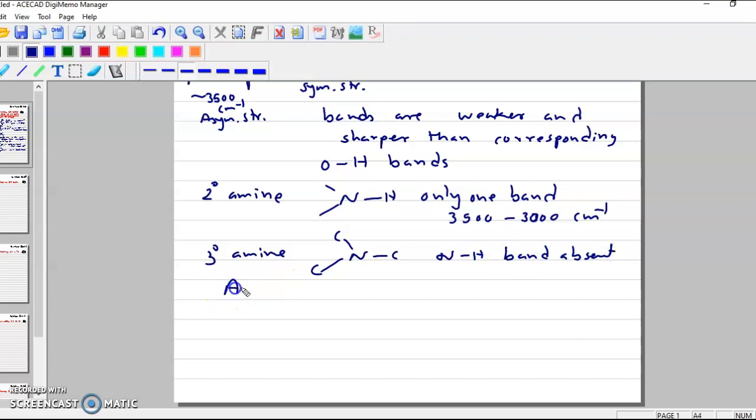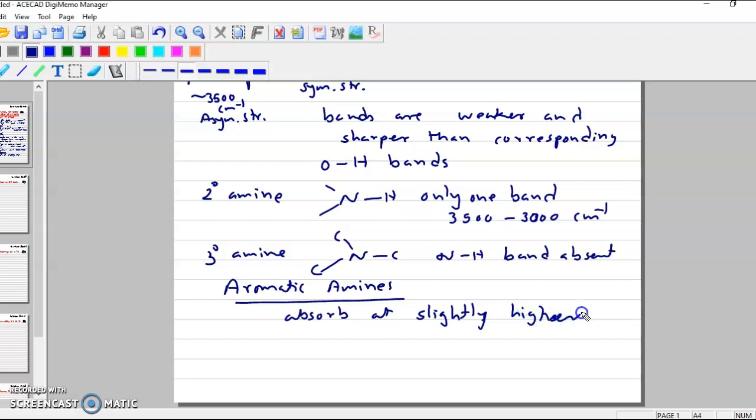If we see aromatic amines, then they absorb at slightly higher frequency than aliphatic amines. Okay.